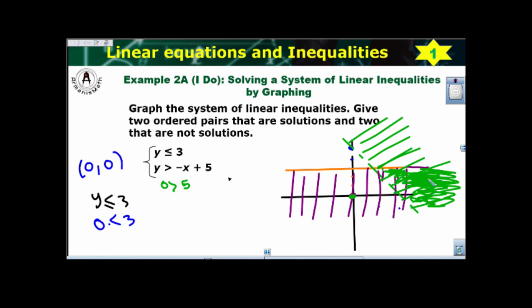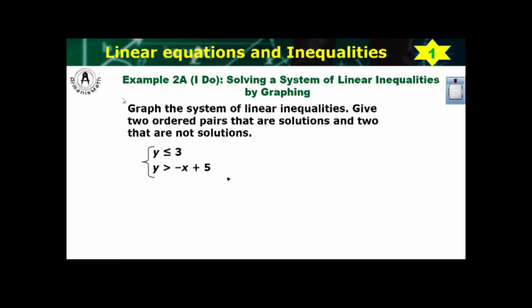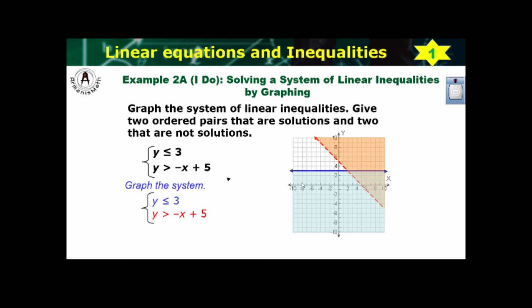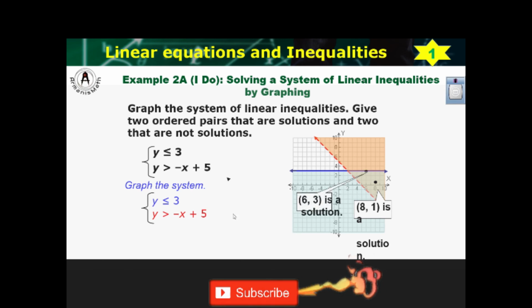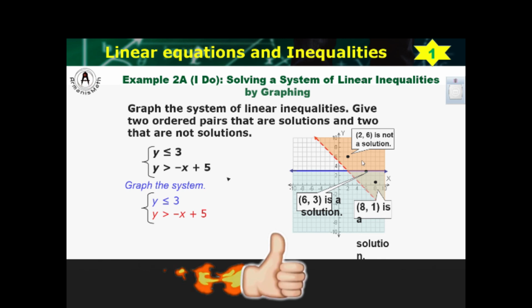Anything in this region should work for you, but not above, not below. Just this region is the solution. And you could test points. 8, 1 is a solution. And 6, 3 is a solution because it's a solid line. Other points are not. This one is not, and obviously the last one is not.